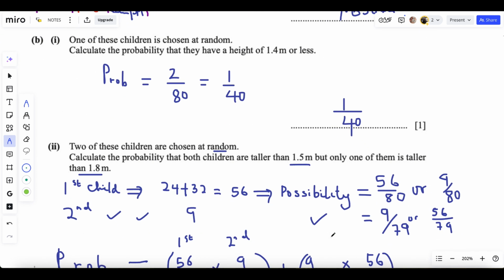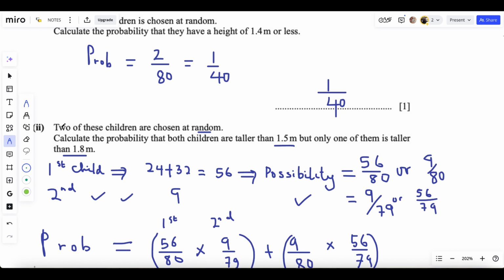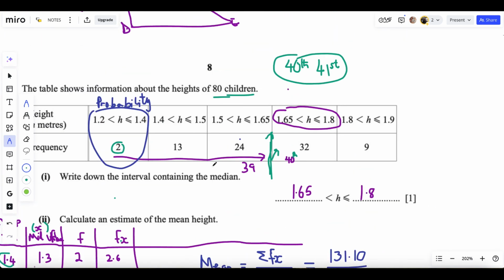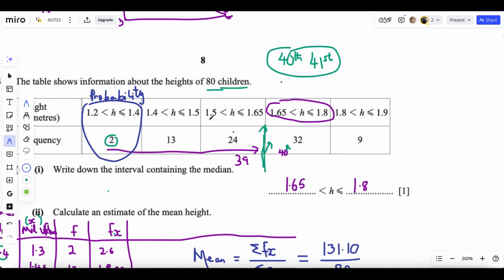Now we go to the next question. The next question says, 2 of these children are chosen at random. Calculate the probability that both children are taller than 1.5 meter, but only one of them is taller than 1.8. Both of them are taller than 1.5. To be taller than 1.5, you say h is less than this and greater than this.